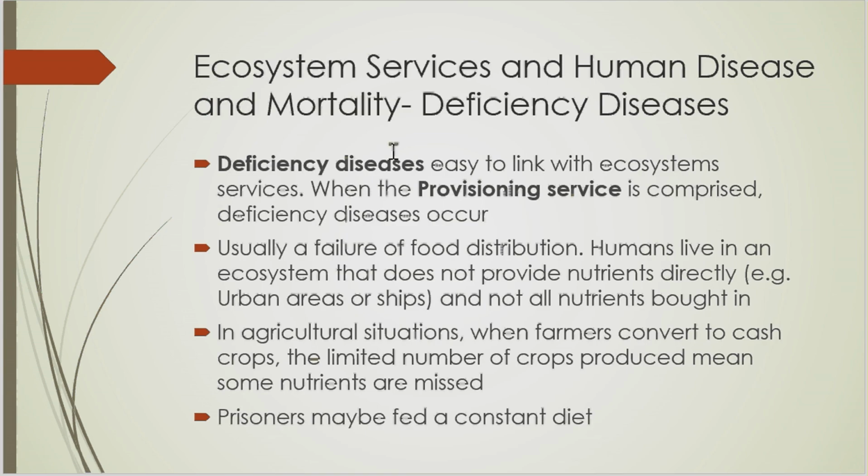Well, it's easy enough to see why deficiency diseases are linked to provisioning services. Some sort of failure in food production or food distribution, and the humans are then living in an ecosystem which doesn't provide them all the nutrients they need, and they will suffer some sort of deficiency disease, whether it's hunger or one of the many nutrient deficiency diseases.